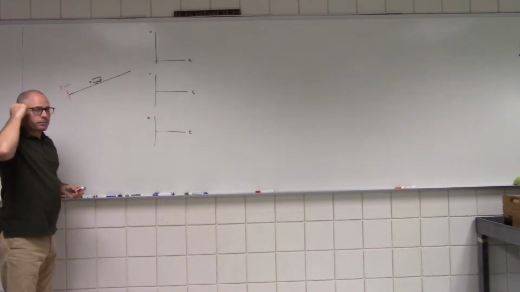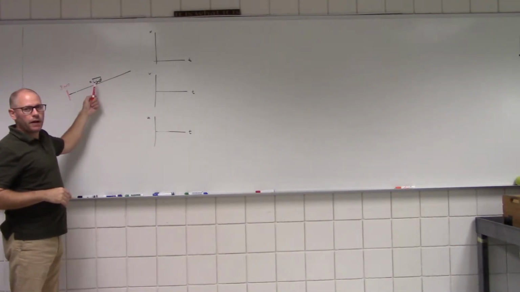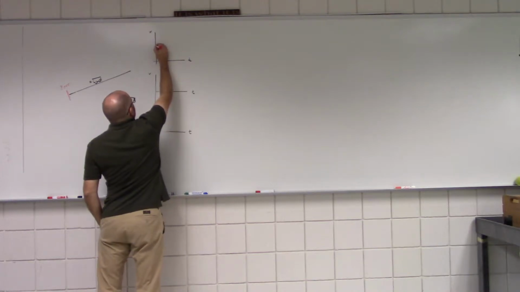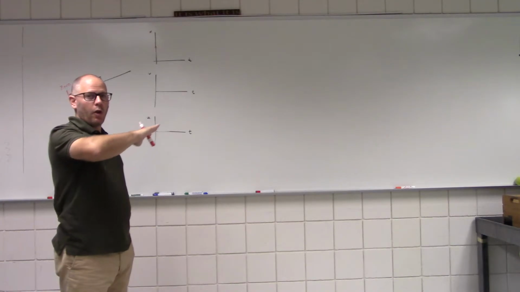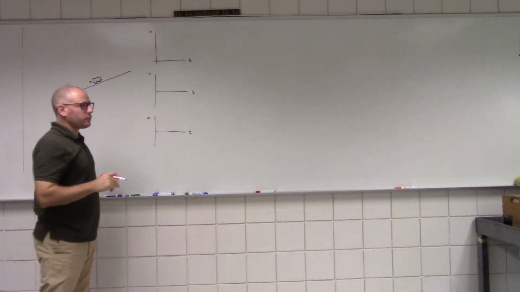So, first question, where is the cart? Look, it's right there. It's not at the zero, it's somewhere in front of the zero, which gives us an indication as to the initial position of the cart. And what happens to it? It moves away from the zero line and then all the way back toward the zero.